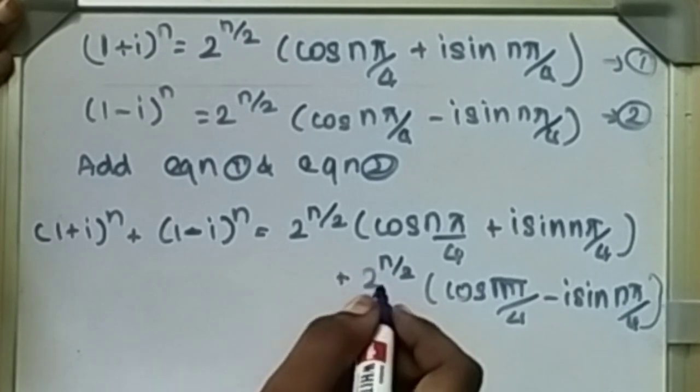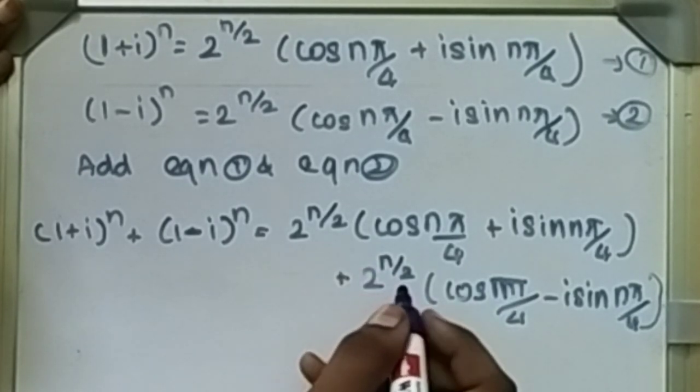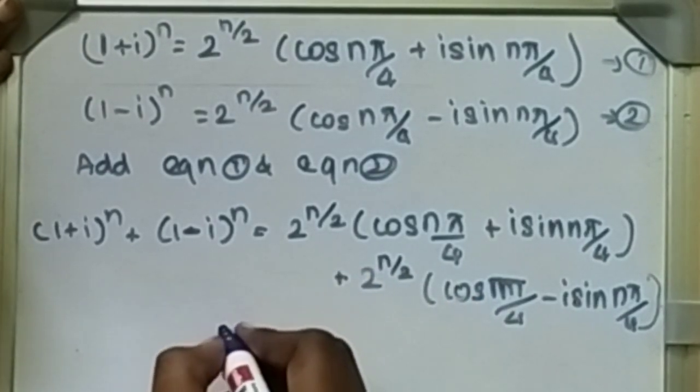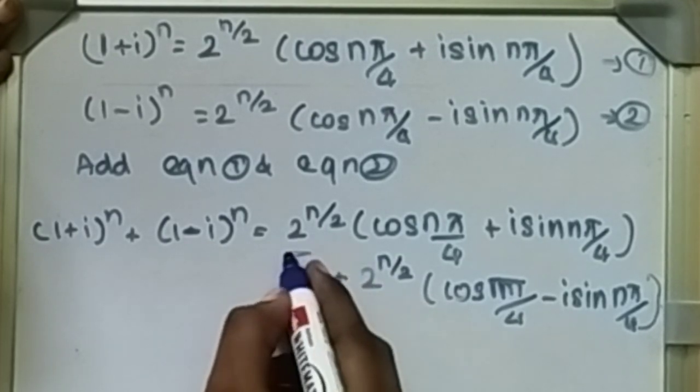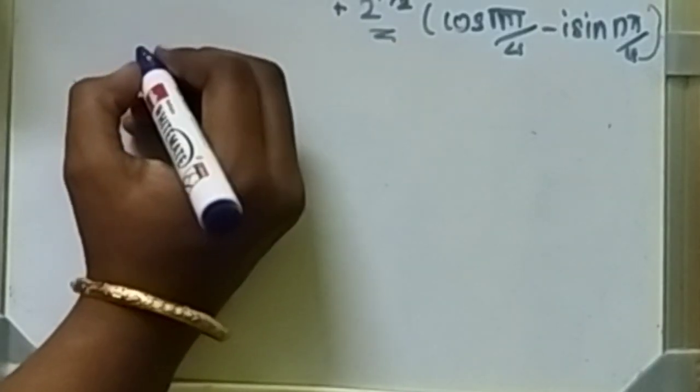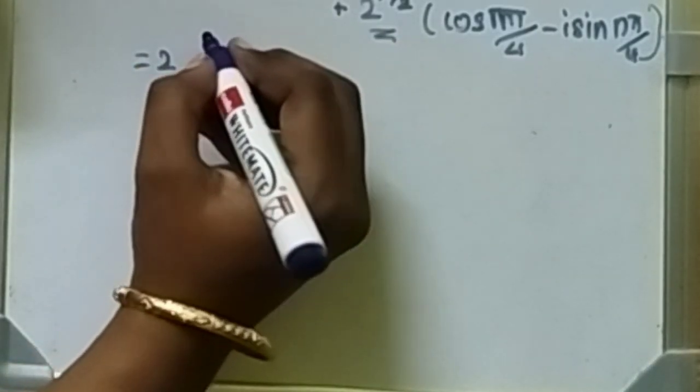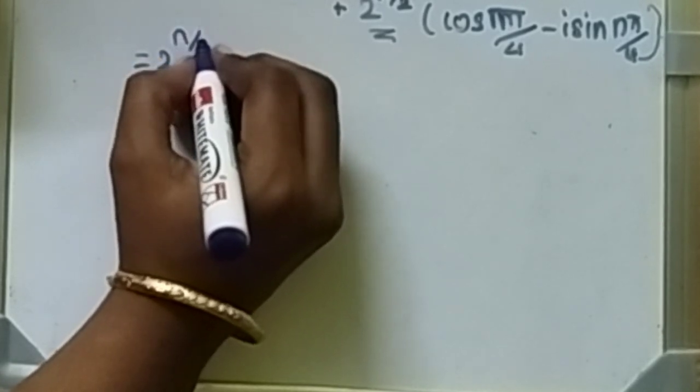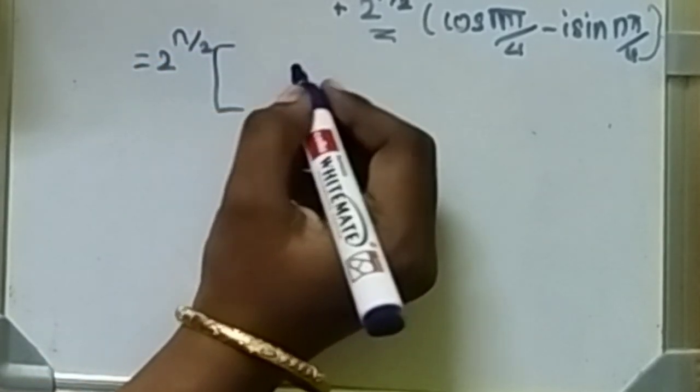In both the terms, what do we have in common? 2 power n by 2. Here also 2 power n by 2, here also 2 power n by 2. So I am going to take that in common. So 2 power n by 2, and what remains?